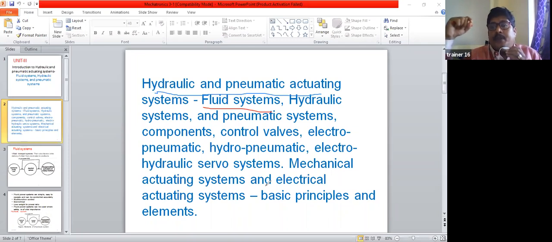In hydraulic and pneumatic actuation systems, all these systems are actuated through hydraulics, where the medium is a liquid. Pneumatic means the medium is air.